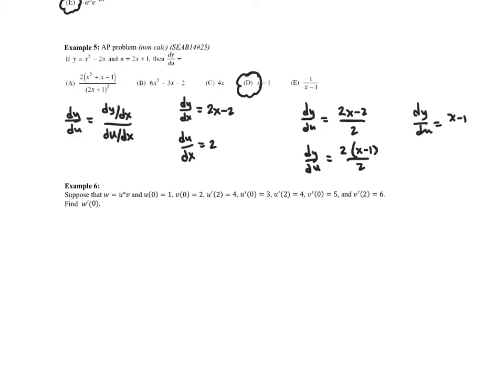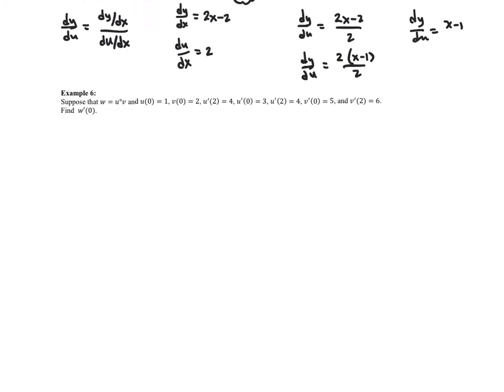So that's a chain rule component that we're going to see show up here in a little bit with parametrics. Okay, so let's talk some syntax here in example number 6.